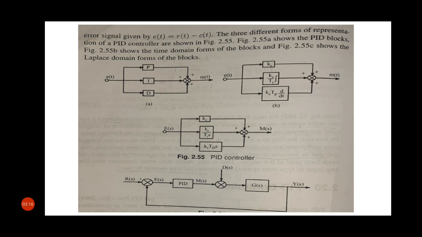Here the controller used is a PID controller represented by a block PID, and the system or plant is represented by G(s). R(s) and D(s) are the reference signal and disturbance signal respectively. Y(s), E(s) and M(s) are the output, error and controller output of the system respectively.